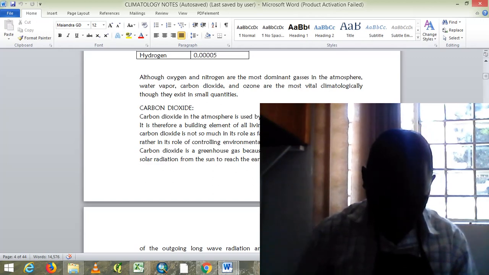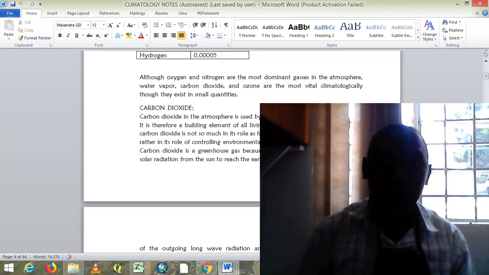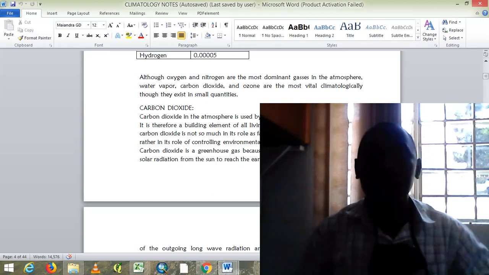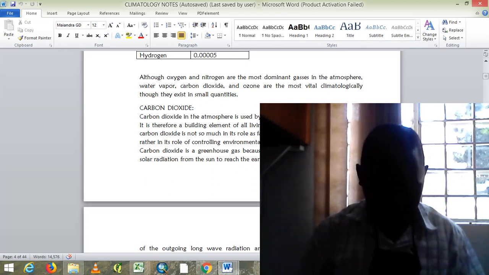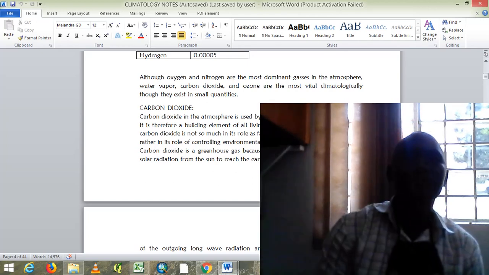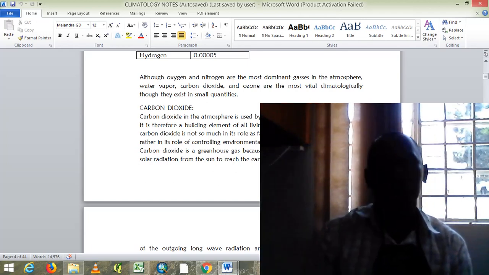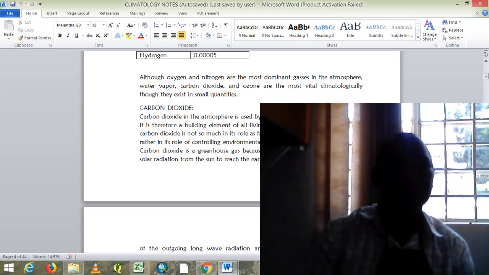Through a process known as photosynthesis. What is photosynthesis? You have forgotten. The process by which green plants manufacture their own food. Therefore, we note that carbon dioxide is a building element of all living things.